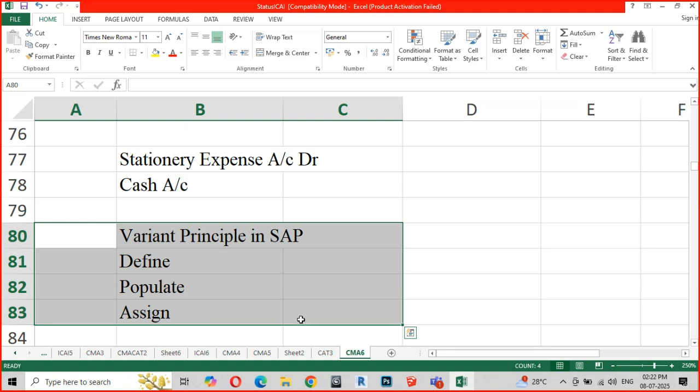This not only applies to your chart of accounts, it applies to each and every organizational object or organizational entity. Was this understood?